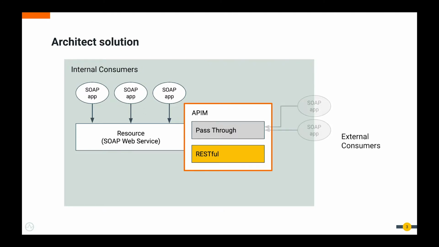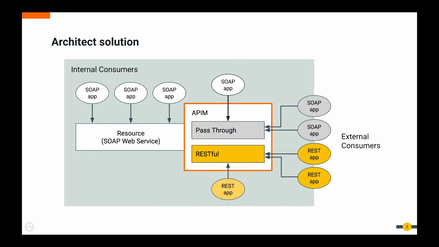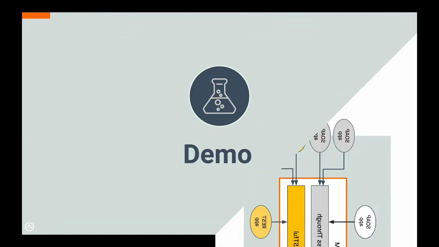The external consumers with the SOAP request application will use the pass-through API, while REST request applications will use the RESTful version. Also, newly created applications in the internal domain would have the benefit of API management like security and throttling.